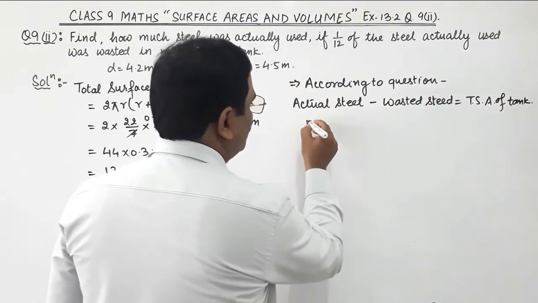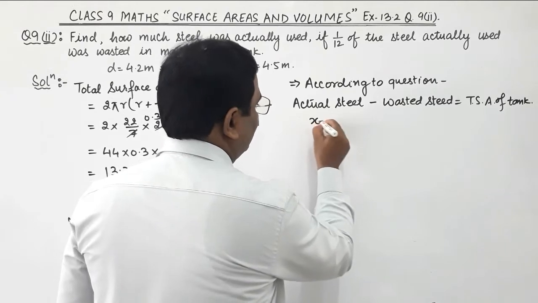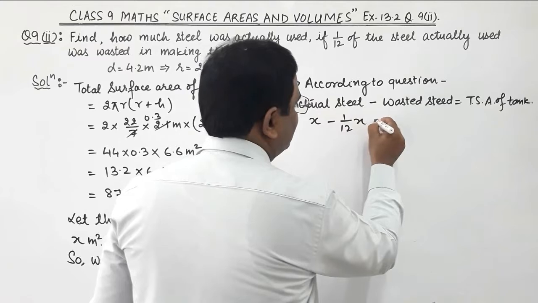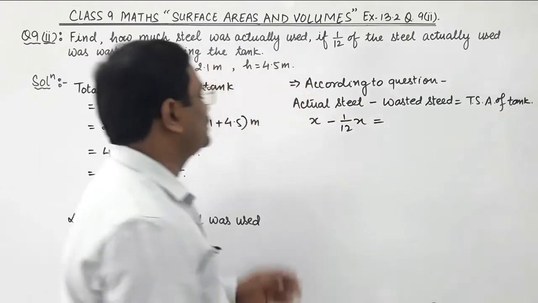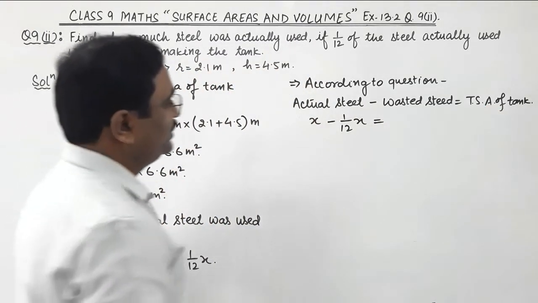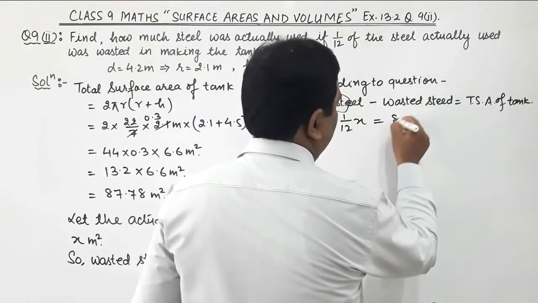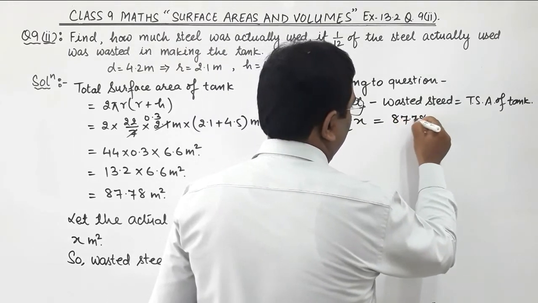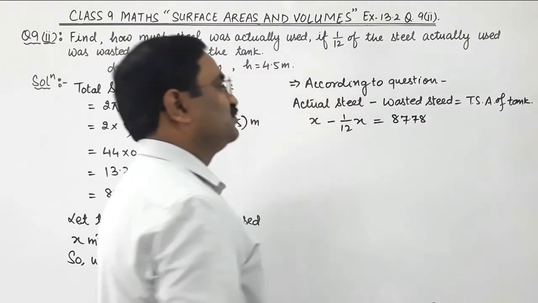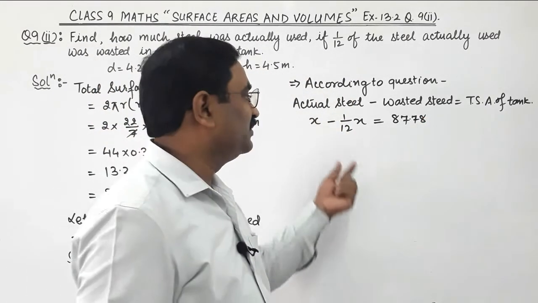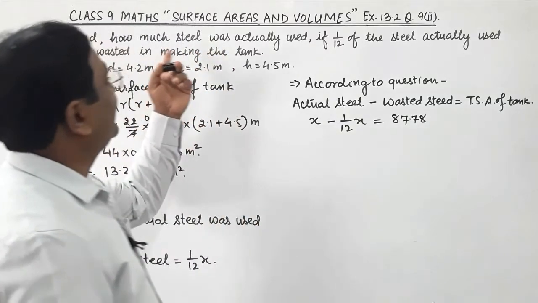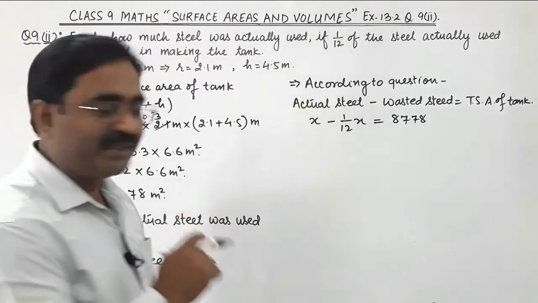So actual steel was x meter square, wastage 1/12 x, and the total surface area of the steel is 87.78 मीटर स्क्वायर. अभी इसको सिंप्लीफाई करते हैं एंड वी हैव टू फाइंड आउट द वैल्यू ऑफ x. दैट विल बी योर आंसर, which was the actual steel used to make this.